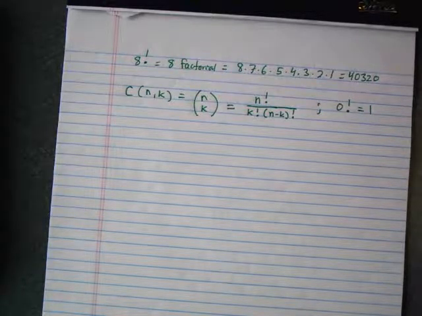It seems weird, but we'll see why we want that in a minute. 0 to the anything except 0 is 0, like 0 squared is 0. 0 times 0 is 0. If you put any number to the 0 except for 0, you get 1. That's correct. All right, well, we'll see why we want it to be 1 in a minute.